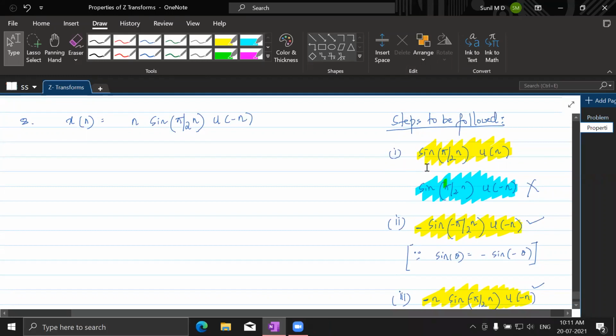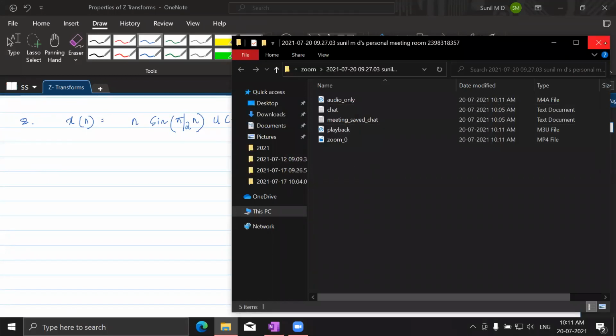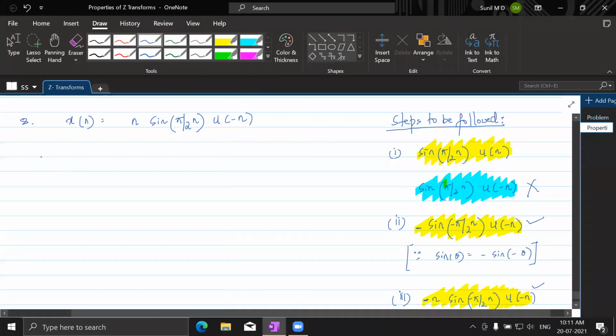Fine. So in the solution, let's say, consider, I'll not write all that, I'll just directly come here. The Z transform of what? So before going to Z transform, let's just write this, everybody.